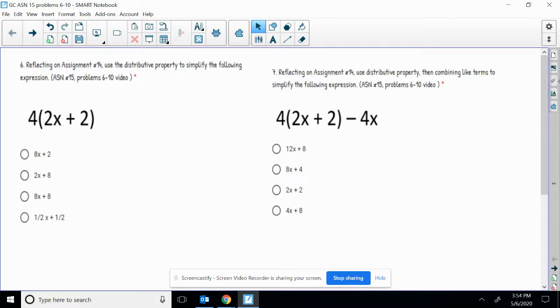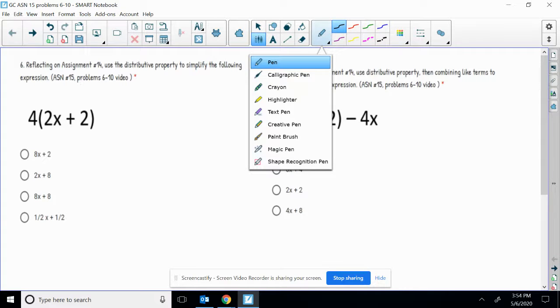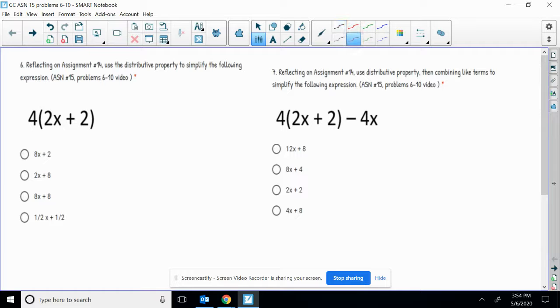So on 6, we know that you have to multiply each term on the inside by the term on the outside. So 4 times 2x is 8x. 4 times positive 2 is plus 8.